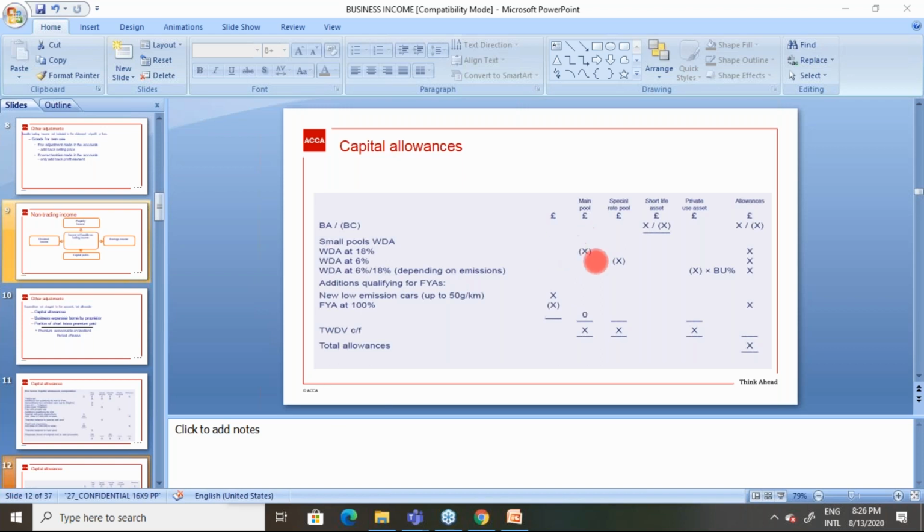So no point of claiming 18%. In that situation, you are permitted to claim the full available balance as written down allowance. We call it small pool WDA. That means the main pool has become small. Then you don't have to calculate only 18%. The full amount available in the main pool you can claim as capital allowances. Okay, right.